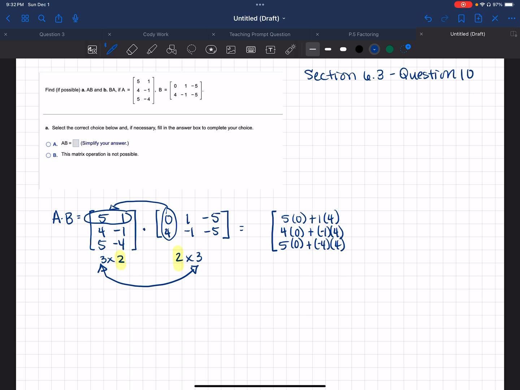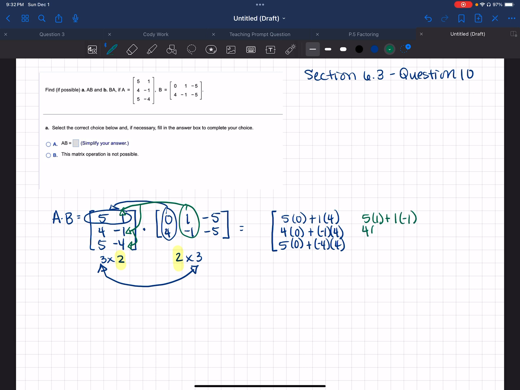Okay, now we move on. Now we're going to take the 1, negative 1, and multiply it by each row of that first matrix, just like we did with the first column. So we've got 5 times 1 plus 1 times negative 1.